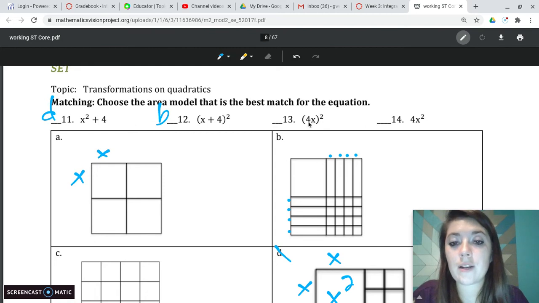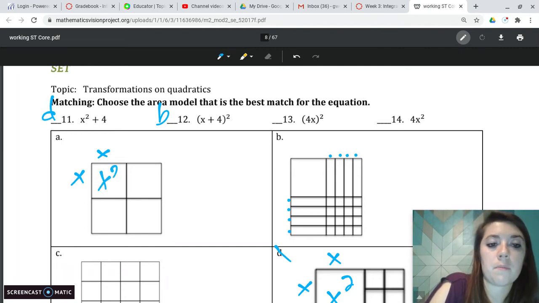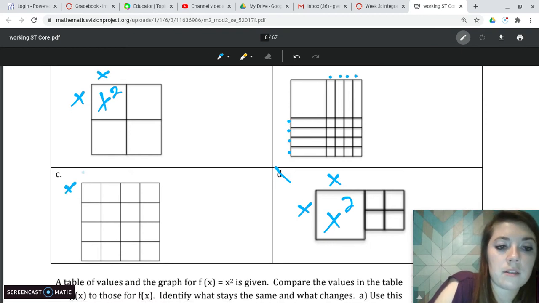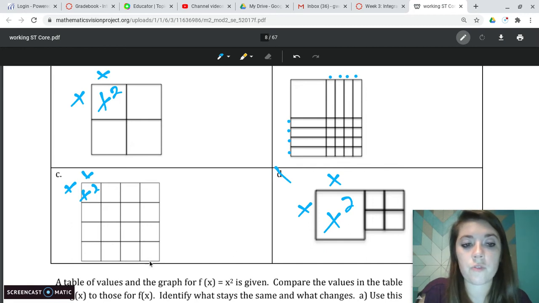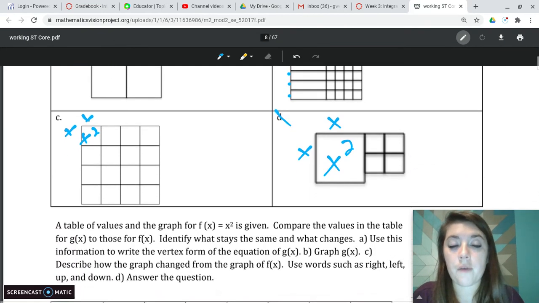In one, the squared is also going to the 4. In this other one, the squared is only on the x. So be very, very careful. And remember, this is x, so this is x squared. Each one of those represents x squared. All 4 of these represent x squared. So be super, super careful figuring out those last 2.